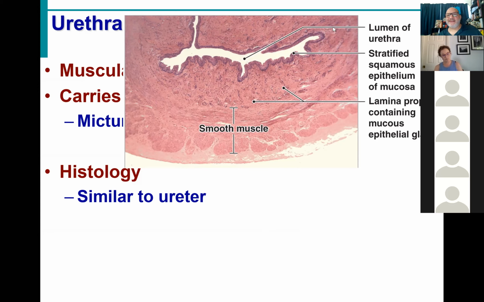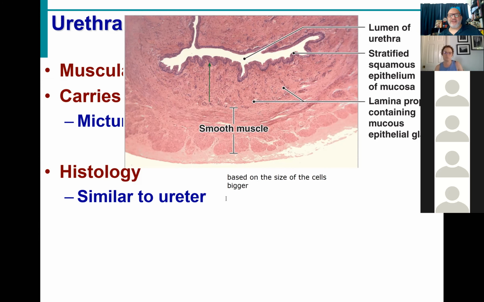But notice again, based on the size of the cells, we can tell this is bigger. Notice to get all of it in the field of view here, the overall size of the transitional cells are much, much smaller.